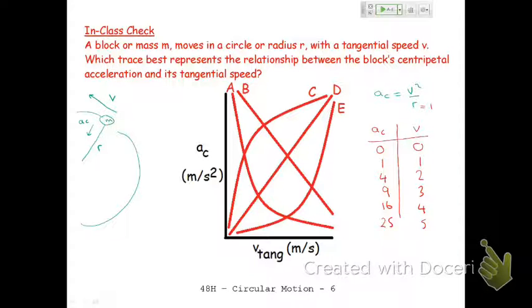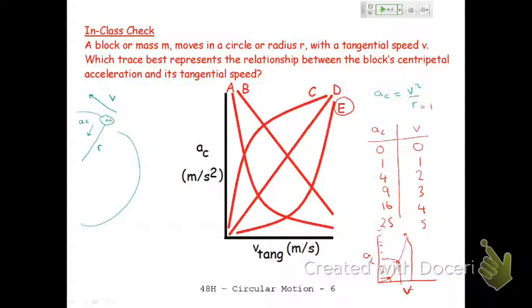If I plot that out as a graph, this is my V, and this is my AC, and it goes boom, boom, boom. Doesn't it go like that? It goes 1 and 1, 2 and 4, 3 and 9. Yep. Which is which graph? E.